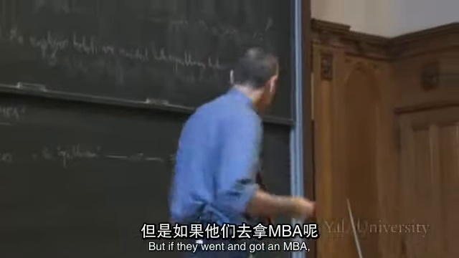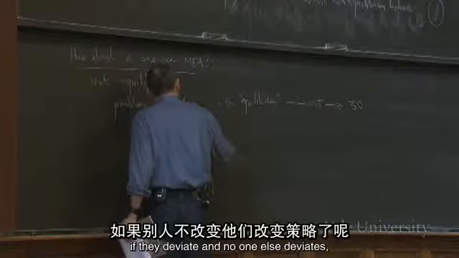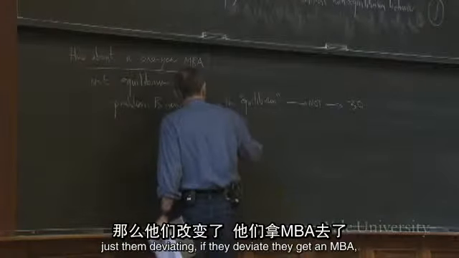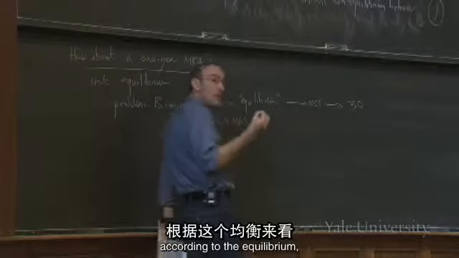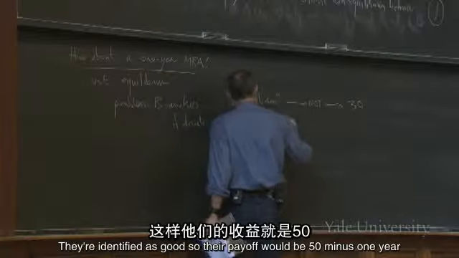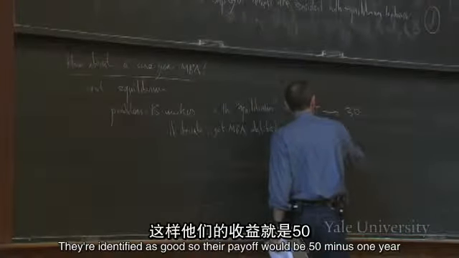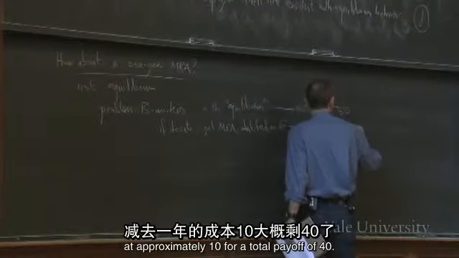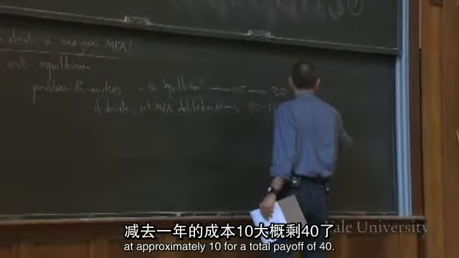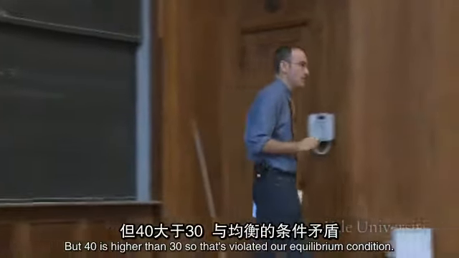All right? But if they went and got an MBA, if they deviate, and no one else deviates, just them deviating, they get an MBA. According to the equilibrium, they're now identified as good workers. They're identified as good, and so their payoff would be 50 minus 1 year at approximately 10 for a total payoff of 40, but 40 is higher than 30, so that's violated our equilibrium condition.